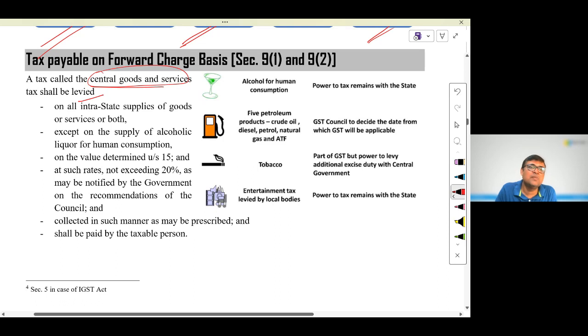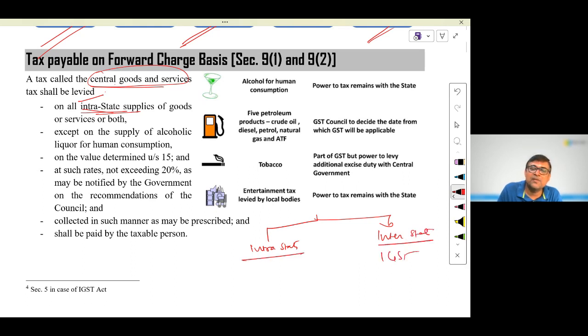Similar provision is made in SGST and similar is made in IGST. A tax called Central Goods and Services Tax shall be levied on all intrastate supply of goods or services or both, where supply is intrastate. Supply may be interstate. In case of interstate supply, IGST is applicable.